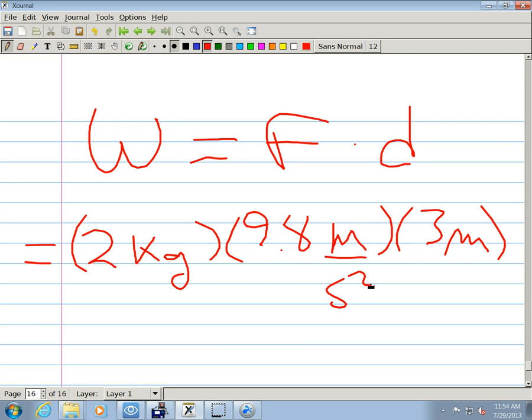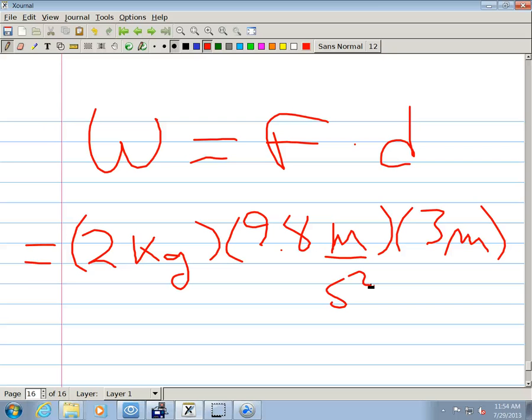Now, don't say seconds squared, because that implies an area, and we don't measure area in seconds squared, okay? Acceleration is the rate of change of the velocity. If the velocity is in meters per second, we're talking about how many meters per second the velocity changes per second. So that's 9.8 meters per second per second, okay? It doesn't mean per second squared.